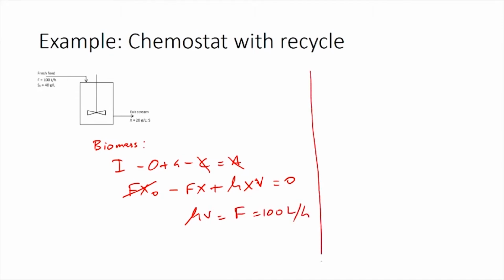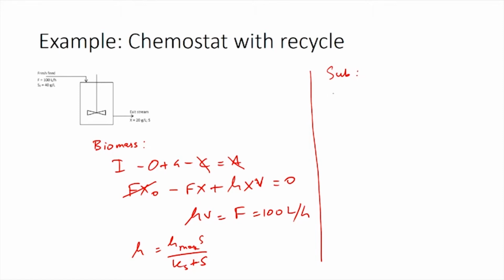So, now this can actually be substituted to your mu max S divided by K S plus S, which is the Monod's model. So, if we know the value for S, we can calculate mu. Once we have the value for mu, we will be able to calculate the volume of the reactor. For this, we need to write a substrate balance.